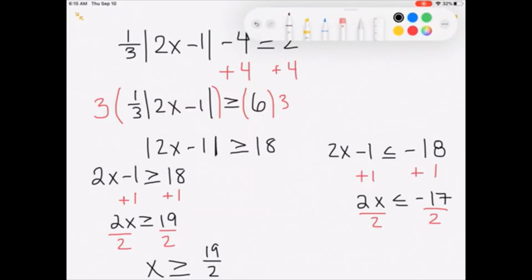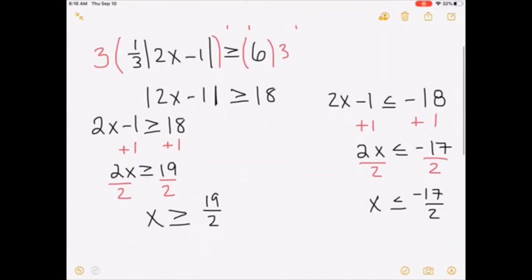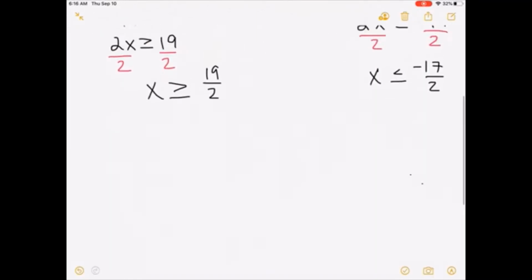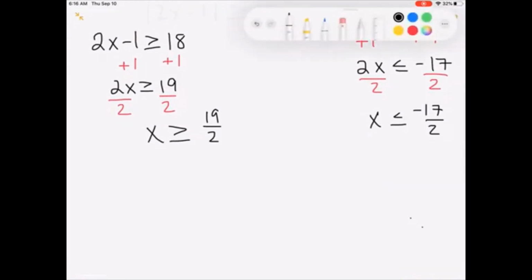That leaves me with x is less than or equal to negative 17 over 2. Okay, so we found that x is greater than or equal to 19 over 2 and less than or equal to negative 17 over 2.